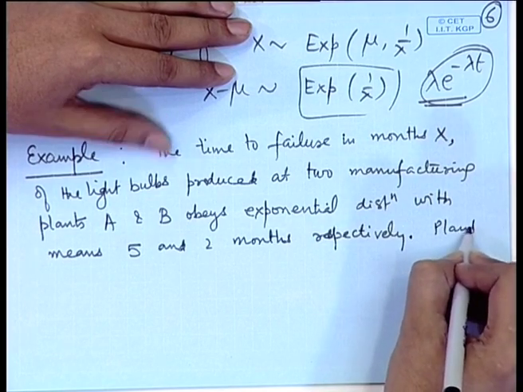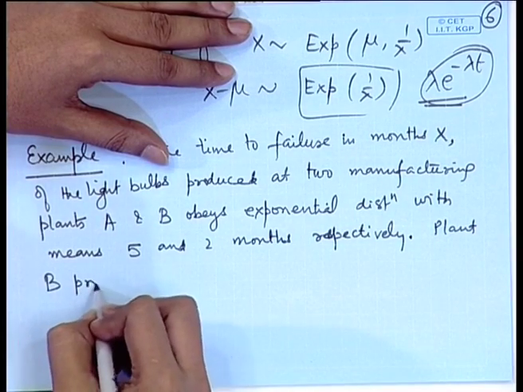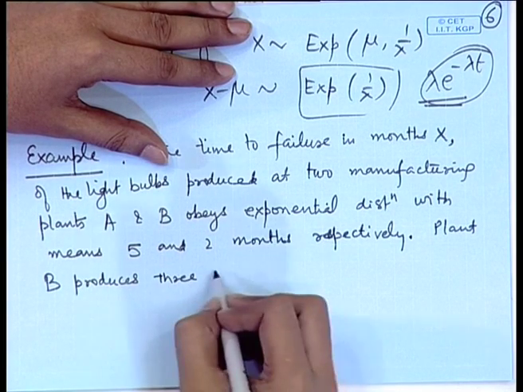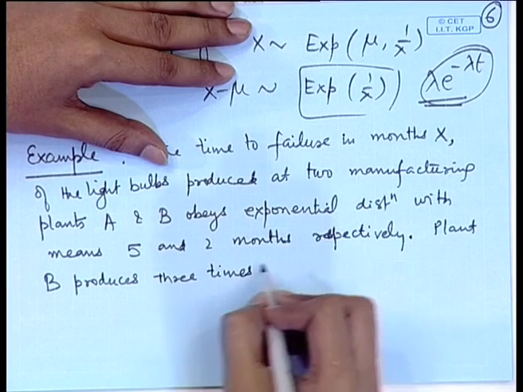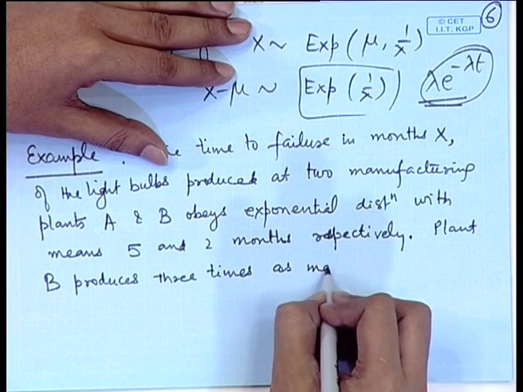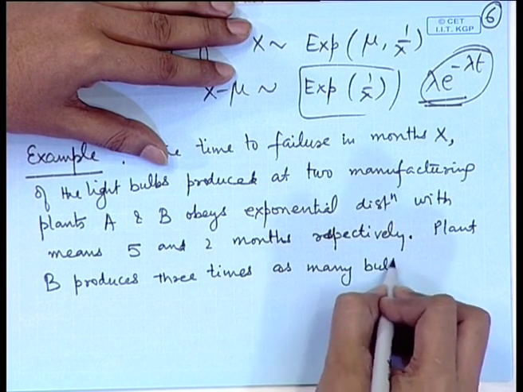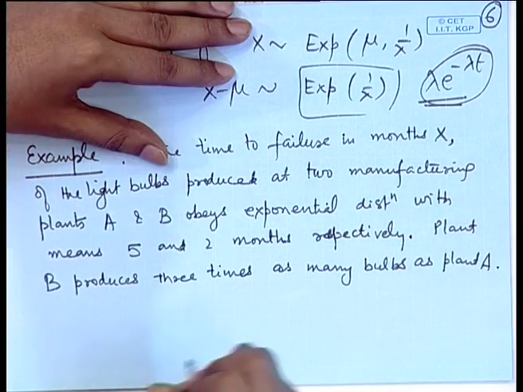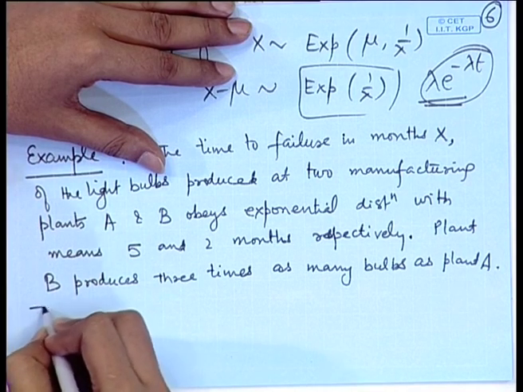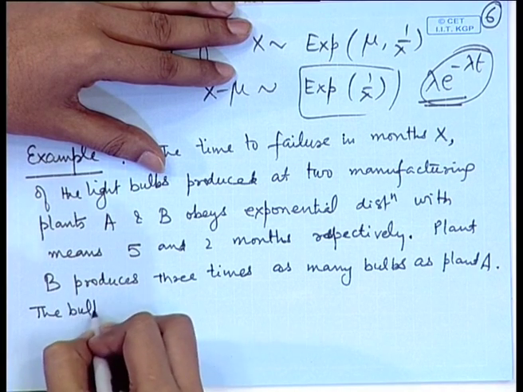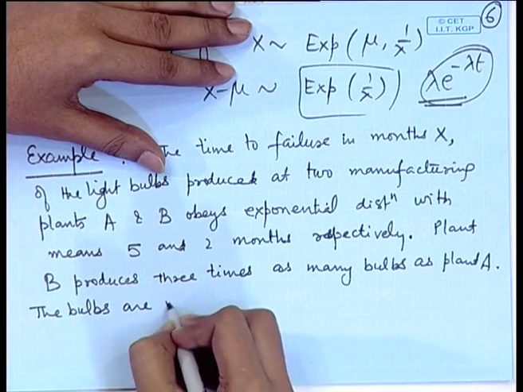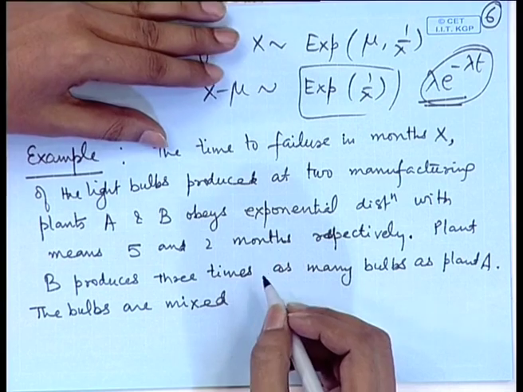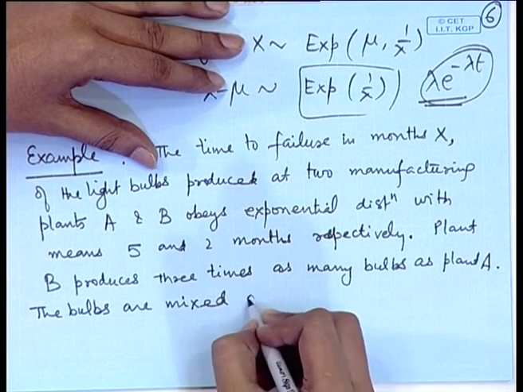Plant B produces 3 times as many bulbs as plant A. The bulbs are mixed, so they look indistinguishable to a naked eye, and sold.